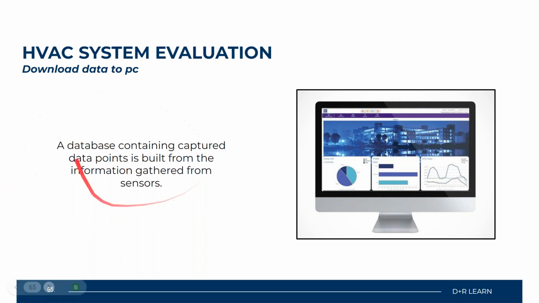So all of those nice little sensors that are out in the field, from mechanical to electrical sensors, we've installed them in the field. We want to know the velocity of air going through the air handler. We want to know how much voltage is on each leg of power on our three-phase motor system. We want to know what the temperature is in room 103, supply and return temperatures. We also want to know what the relative humidity is in all of those spaces, to include what the temperature is outside today.